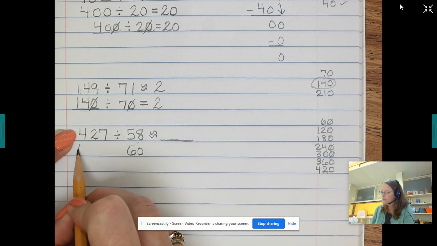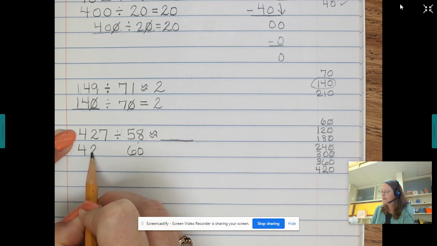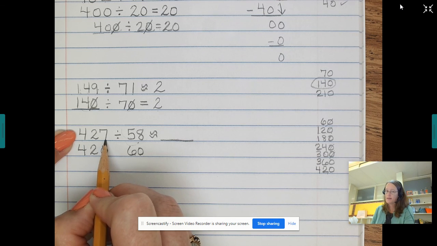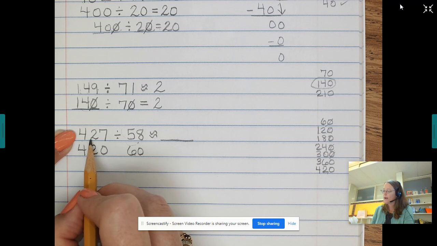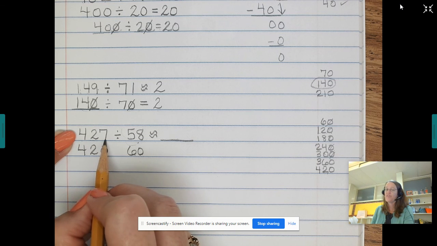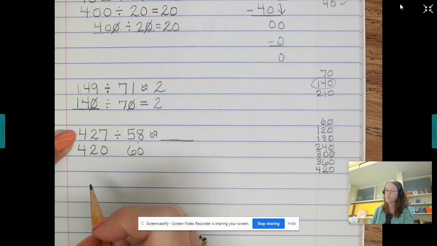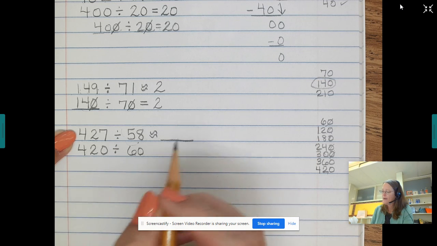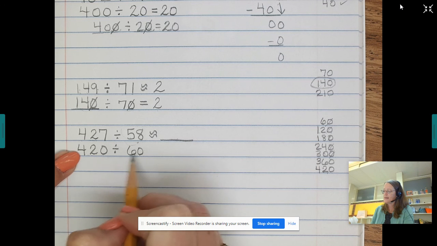So 427 is my approximation. It's not true rounding, because if I were to round this number, it would be 430. And I don't want to round that because I want to find a number that's going to divide nicely by 60.